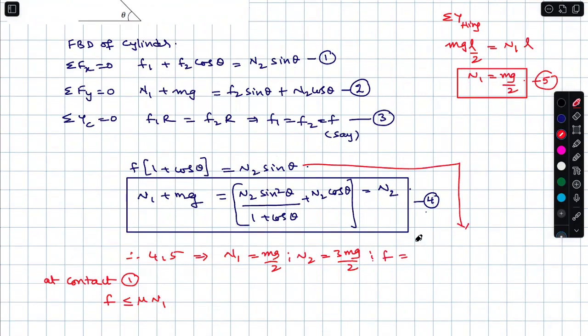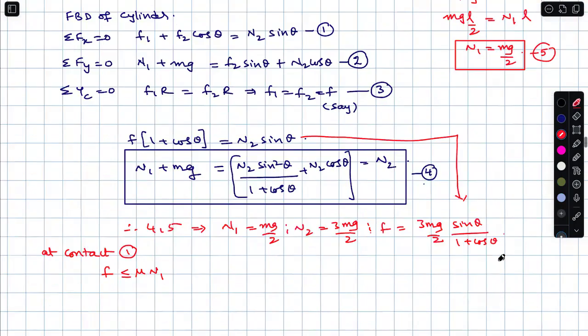With N2 as 3mg/2, F is 3mg/2 times sin theta by 1 plus cos theta, right?